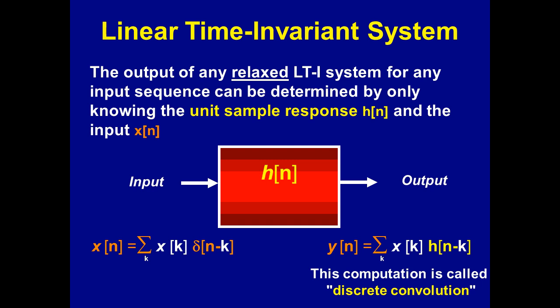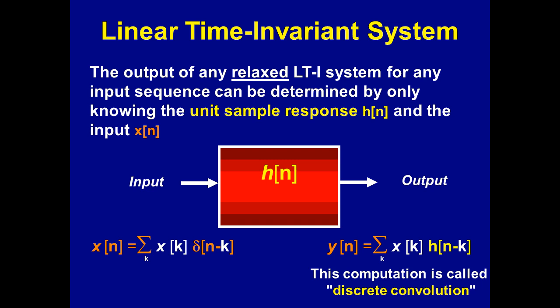A single 1 at n equals 0. And then what comes out is what we call the unit sample response. Let me give that a name, h of n. So literally the response of the system to a unit sample is the unit sample response.